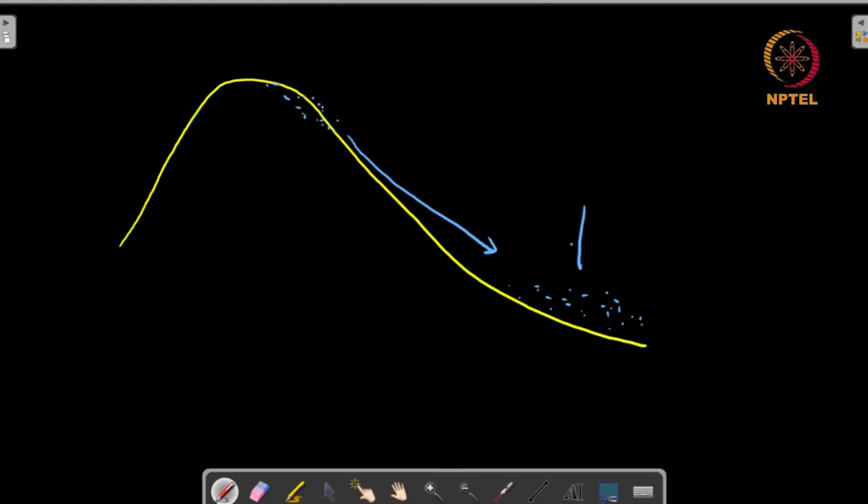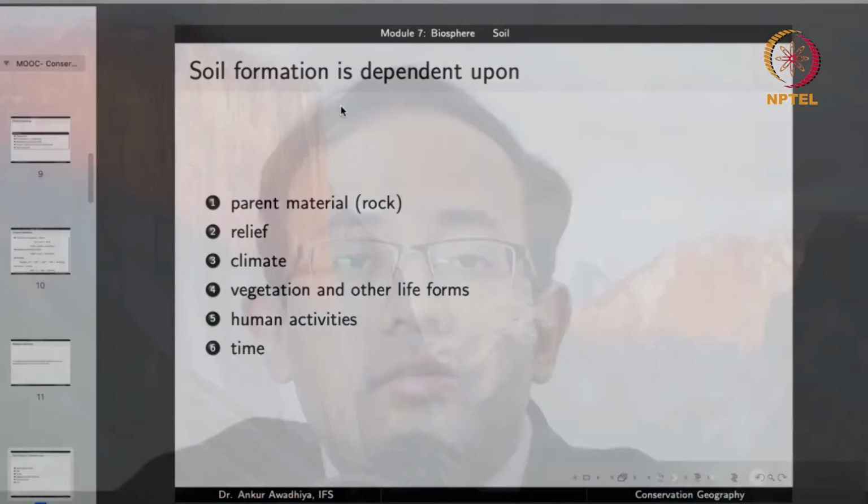So in this case, this area will have soil very quickly, whereas this area will not have soil that quickly. So the relief determines not just the action of various agents of weathering, but it also determines where the soil or the mineral particles will get accumulated.